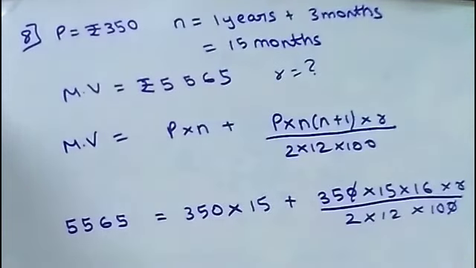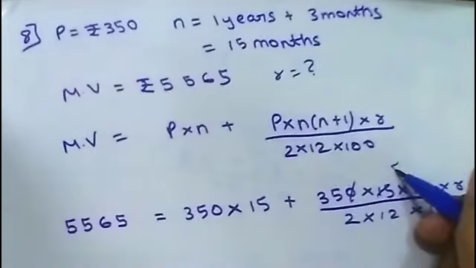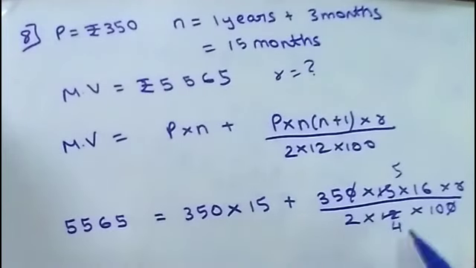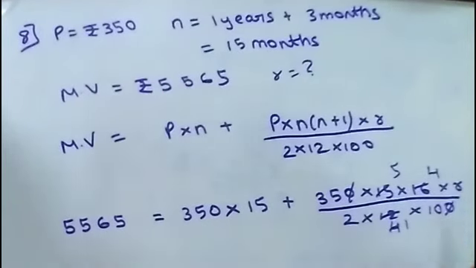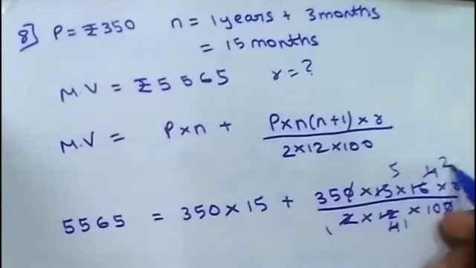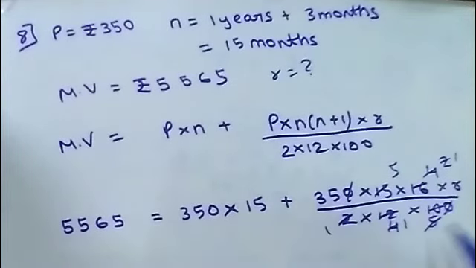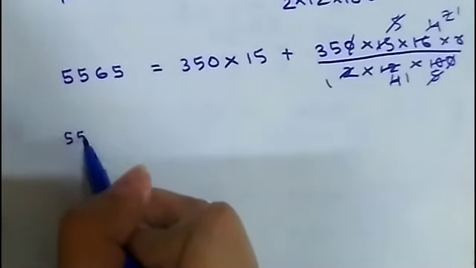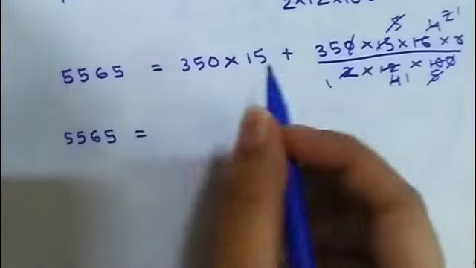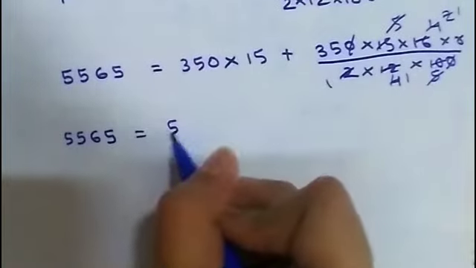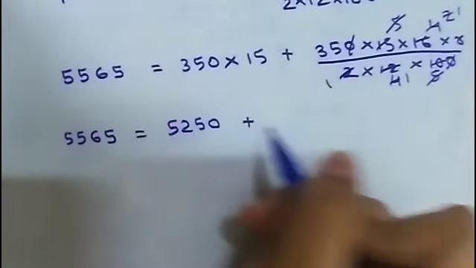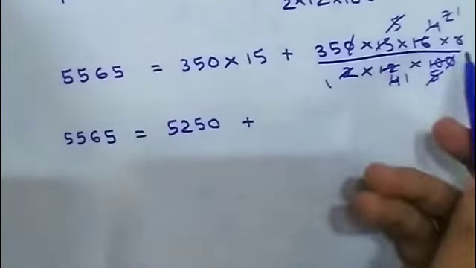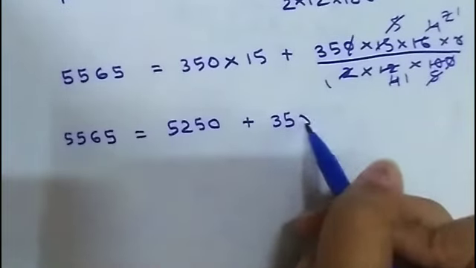Zeros cut. 3 5s are 15, 3 4s are 12, 4 1s are 4s are 4, 2 1s are 2s are 2, 1s are 5s are 5, and 5 cancel. So 5565 equals 350 into 15, which is 5250, plus, now it would be 35 into R. Therefore 35R.